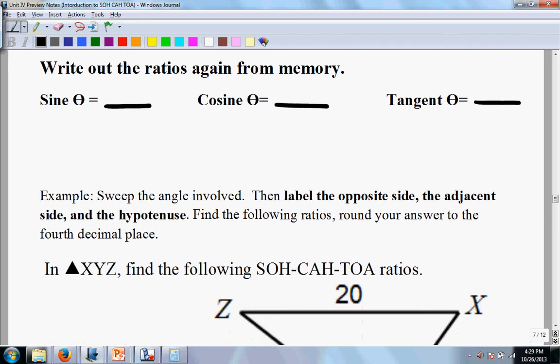All right, try not to look at the top of your paper. Go here, and I'd like you to fill out the definitions of the sine of an angle ratio, the cosine of an angle ratio, and the tangent of an angle ratio. See if you can fill that out now from memory using the acronym SOH CAH TOA.